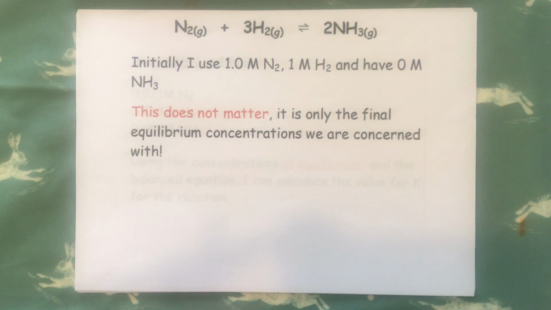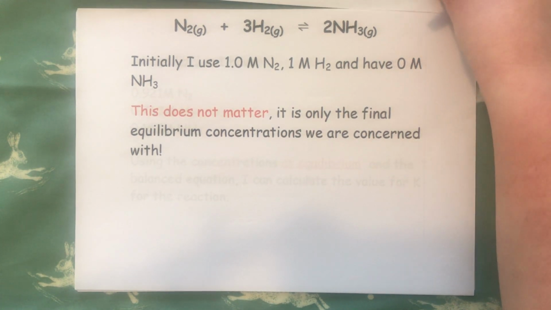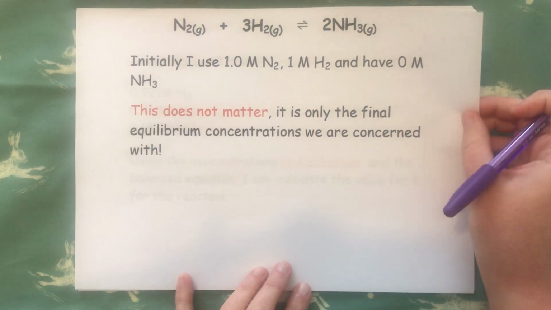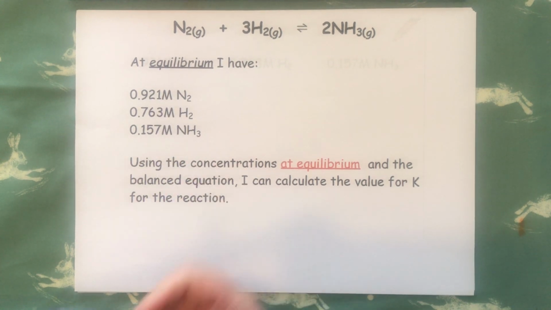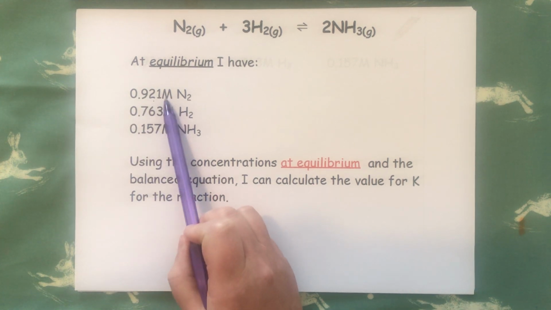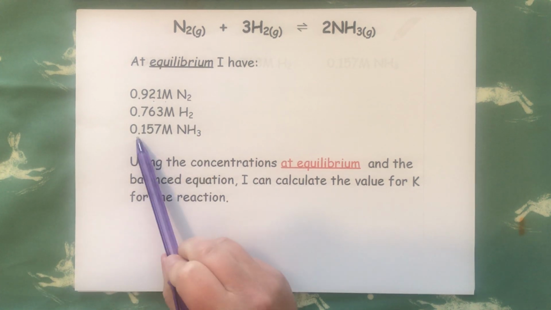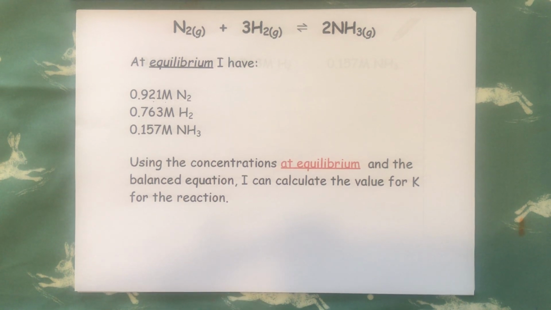Now these values don't matter because all we're concentrating on is the concentration of these reactants and products at equilibrium. So at equilibrium, these are the values that I have. I have 0.921 moles per litre of nitrogen, 0.763 of hydrogen, and 0.157 moles per litre of ammonia at equilibrium.